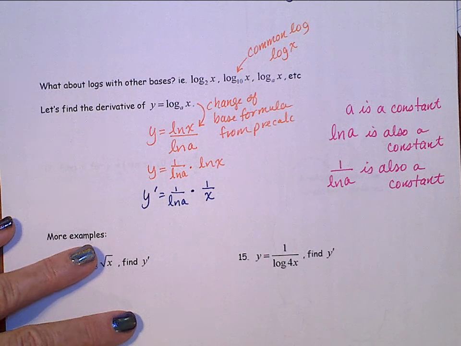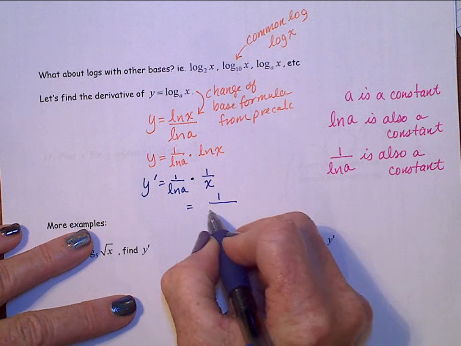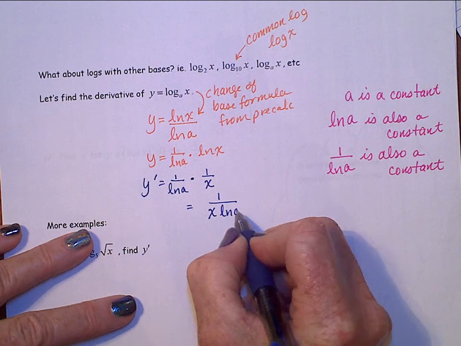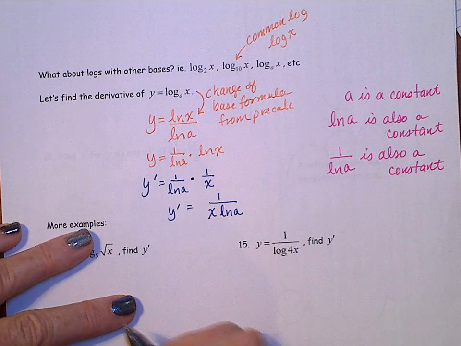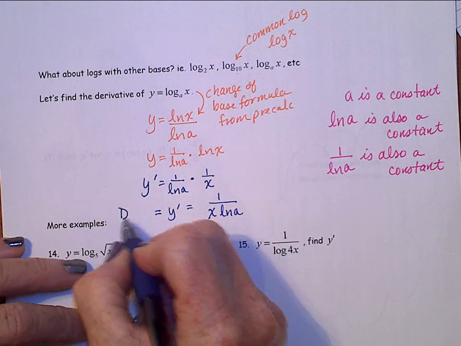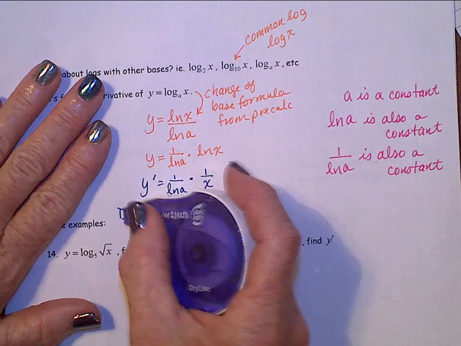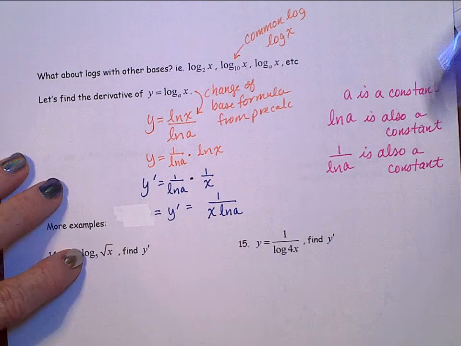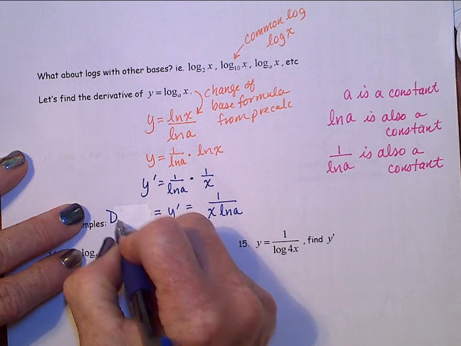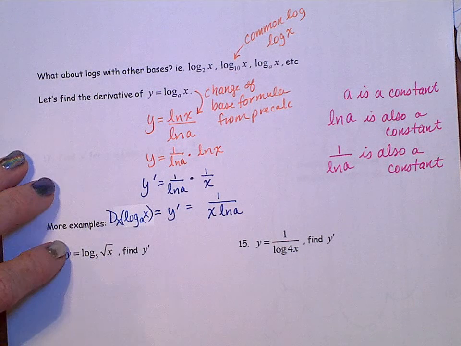And we'll just rearrange this a bit. This is 1 over x ln a. That's y prime, which is the derivative of, oh, I didn't write over far enough. That is the derivative of log base a of x.